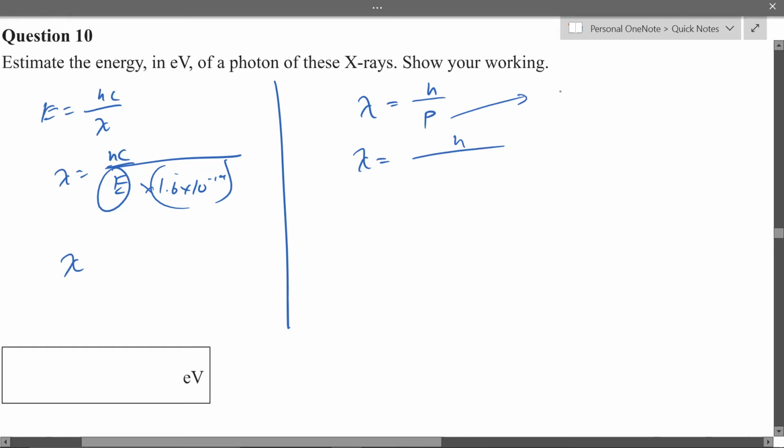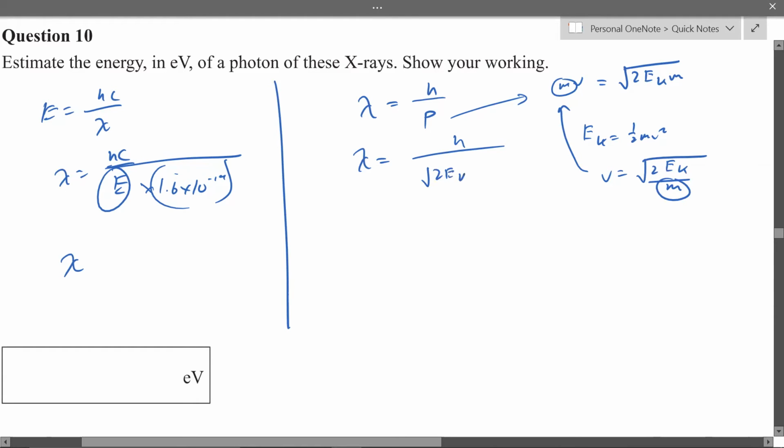So for p, we get mv. So Ek equals half mv squared, because we need energy in the equation. So v is the square root of 2Ek divided by m, and when you sub it in here, p becomes the square root of 2Ekm, and then you can put that under here. Then you use this lambda that you found here, and you know m is the mass of an electron.